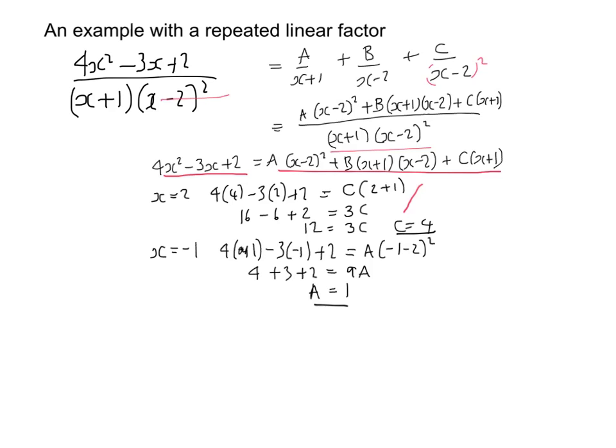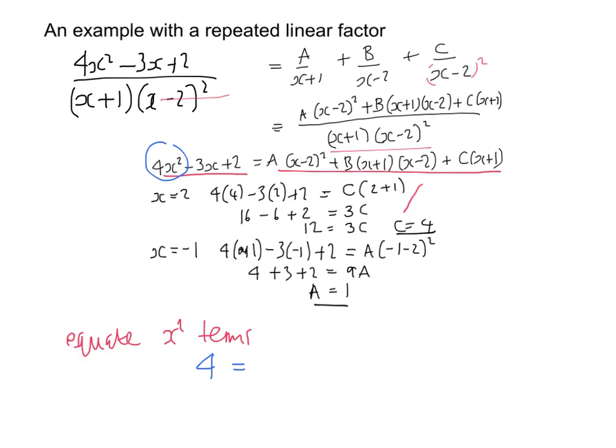Then the number of x squareds on the left-hand side must be equal to the number of x squareds on the right-hand side. So I'm just going to equate the x squared terms. I've got 4 x squareds on the left-hand side.